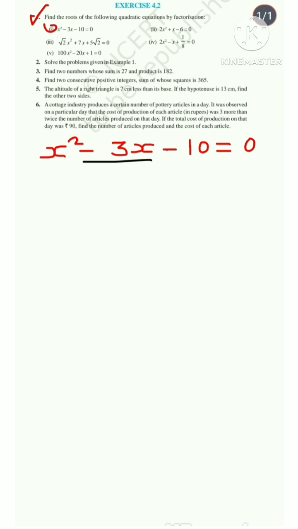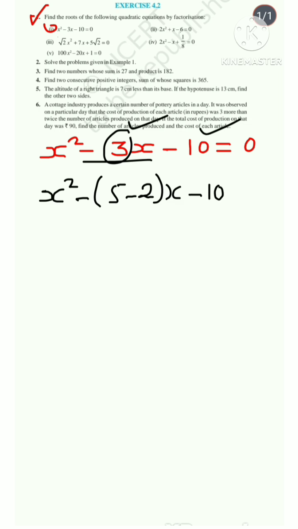So we can solve this equation like this: x square minus, okay, this 3 can be split into 5 minus 2x, because when we multiply 5 and 2 then we obtain 10, and when we subtract 2 from 5 then we obtain 3, minus 10 as it is equal to 0.